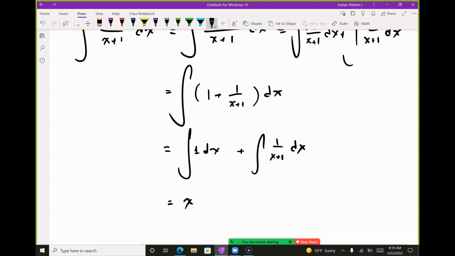It's just x. And the second integral is 1 over x, just shifted. You could do the whole u sub if you want, but it's just the ln of the absolute value of x plus 1, all plus c. The textbook doesn't put the absolute value in, but I am going to ask you to put that absolute value in when necessary.